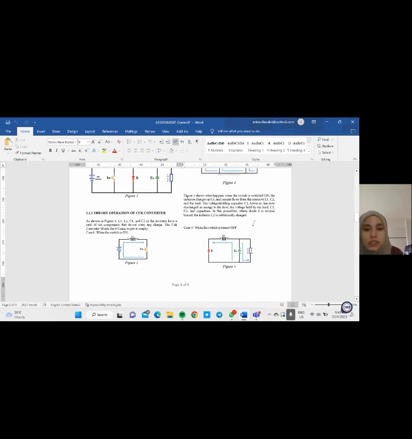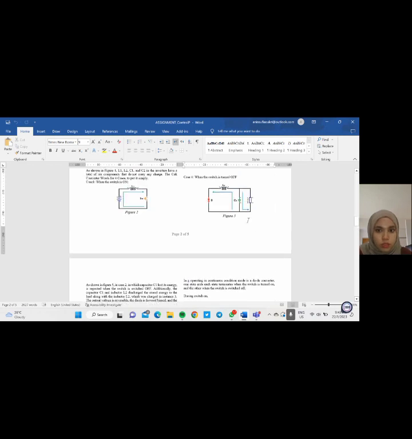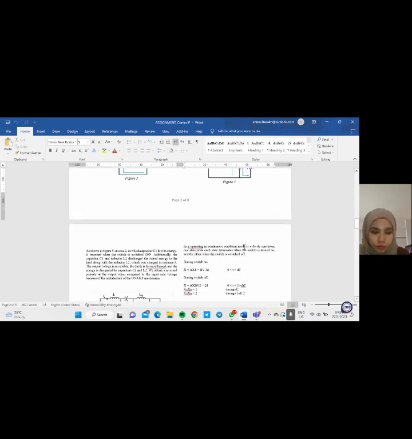The last case is case 4, when the switch is turned off. This is the figure for case 4. Capacitor C1, which lost its energy, is recharged when the switch is switched off. Additionally, capacitor C1 and inductor L2 discharge the stored energy to the load, along with inductor L2, which was charged in case 3.